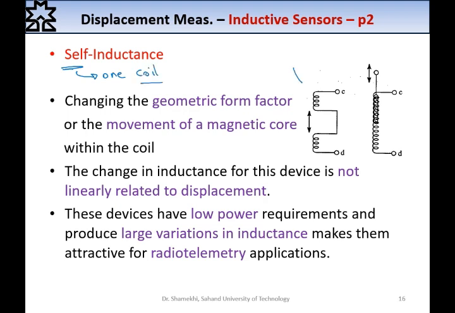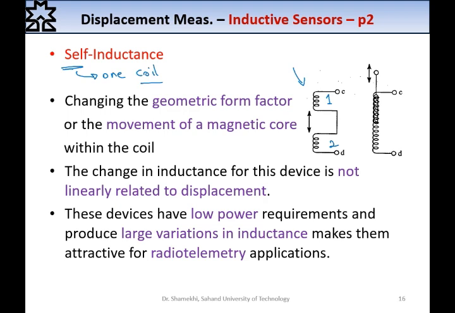As you can see, we have one coil here in these two schematics. In the first one, we have a separated coil, two parts of one coil, part 1 and part 2, and the geometric form factor of this coil will be changed by movement of these two parts of the coil.